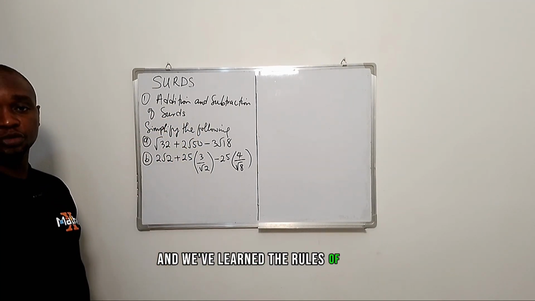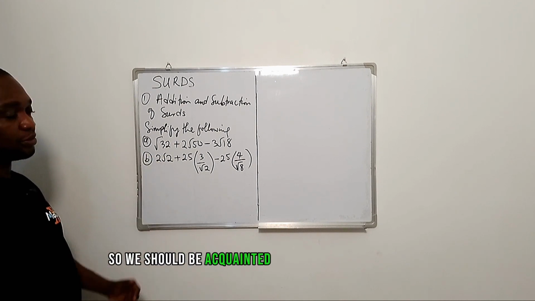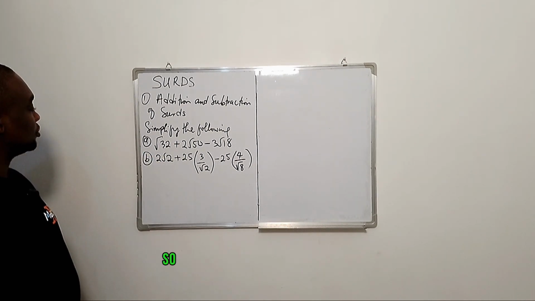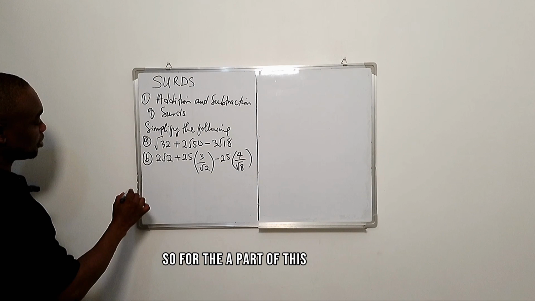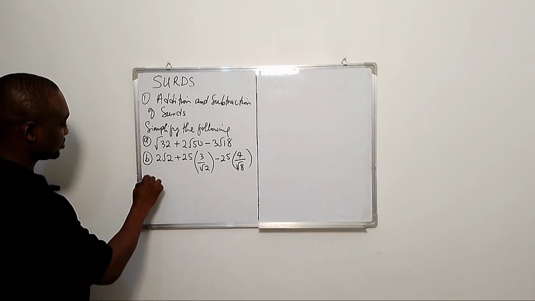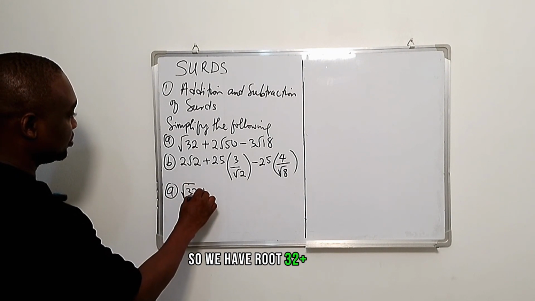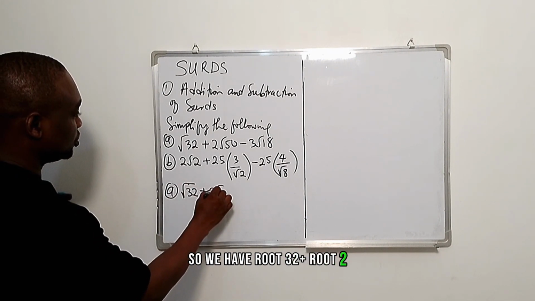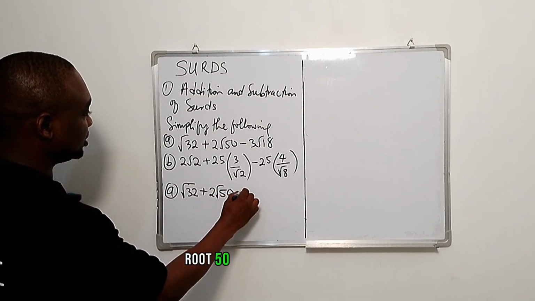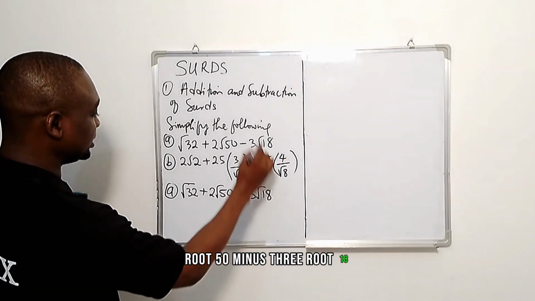And we've learned the rules of surds, so we should be acquainted with some of these things. So for the A part of this problem, we have root 32 plus 2 root 50 minus 3 root 18.